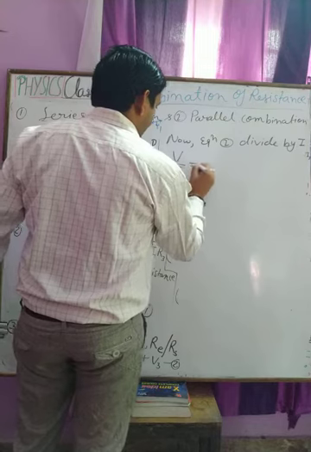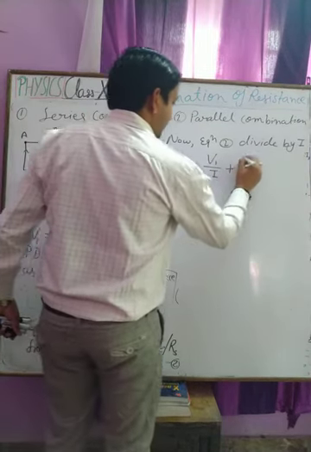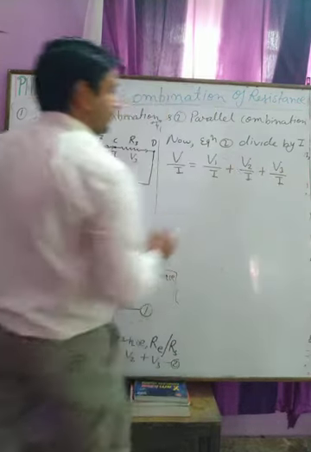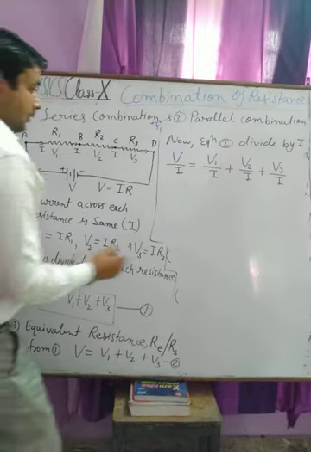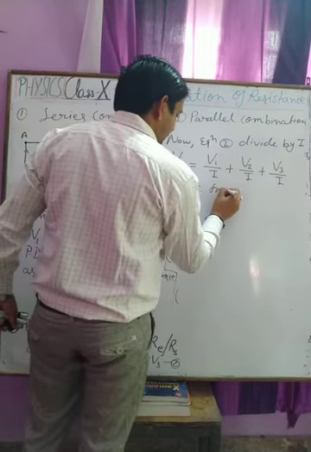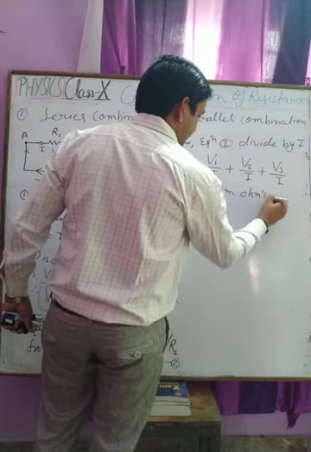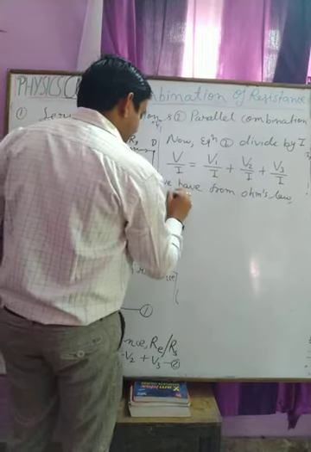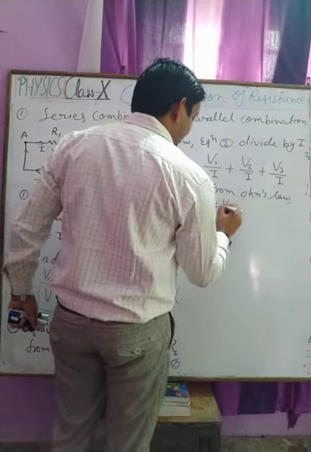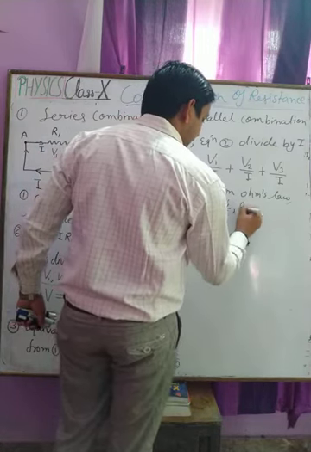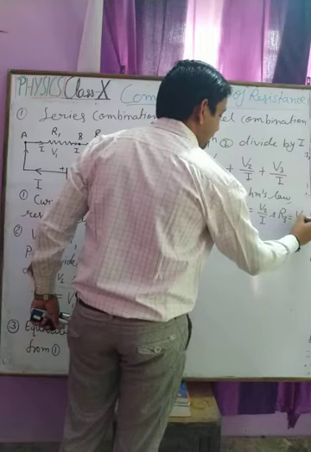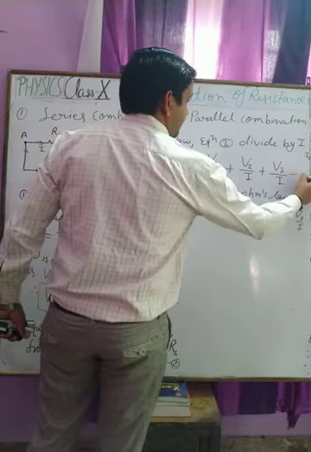V upon I, V1 upon I, V2 upon I and V3 upon I. And from Ohm's law, V upon I is equal to R. Therefore, R1 is equal to V1 upon I, R2 is equal to V2 upon I, and R3 is equal to V3 upon I. This is your equation third.